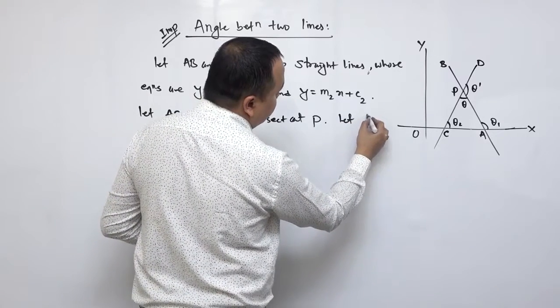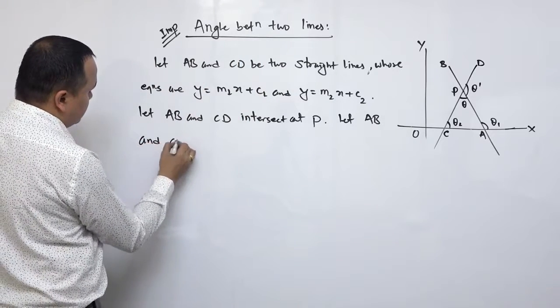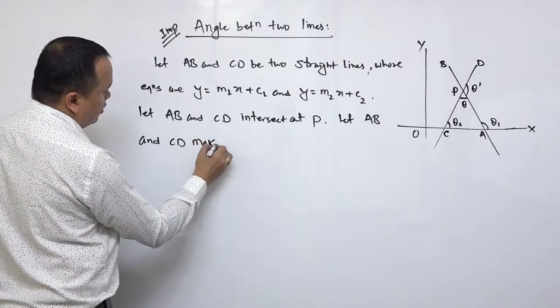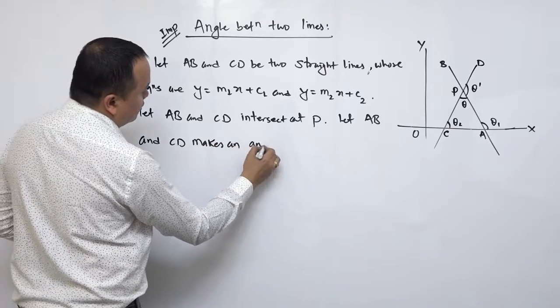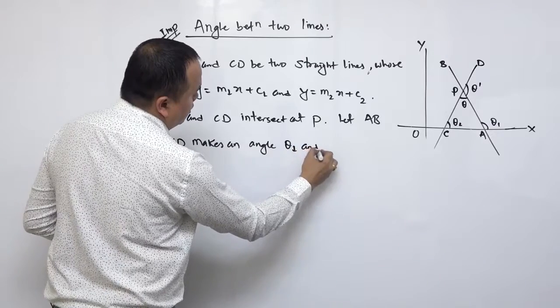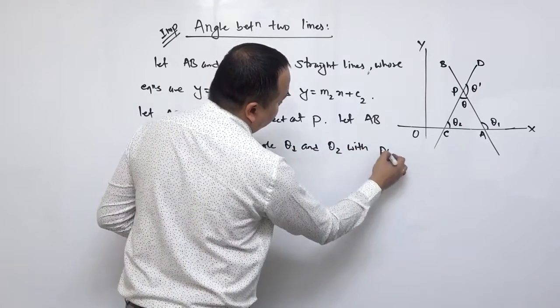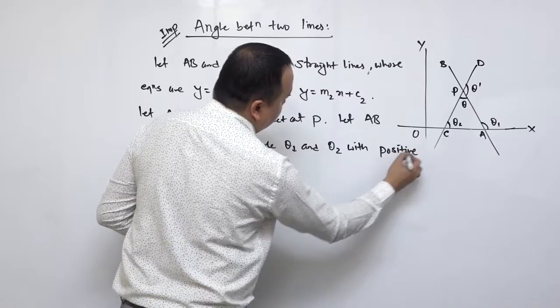Let AB and CD make angles theta 1 and theta 2 with the positive x-axis.